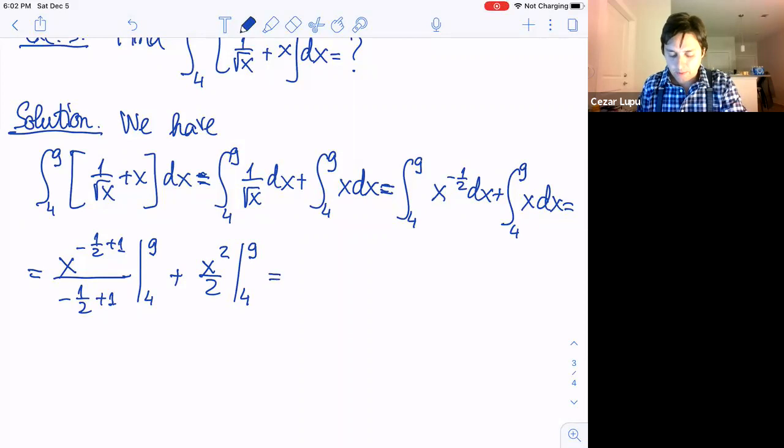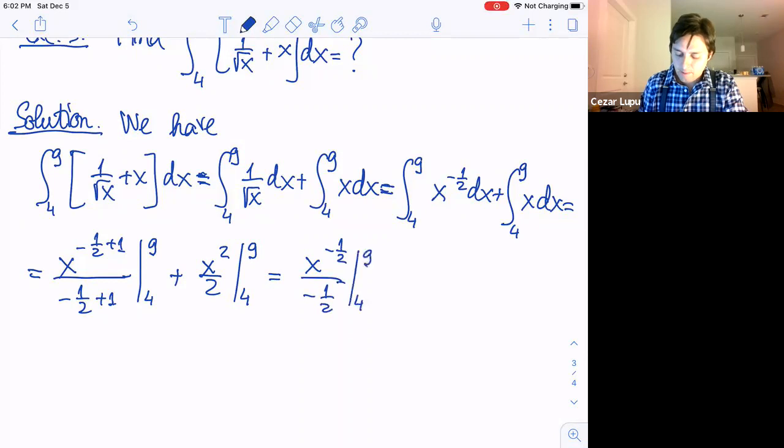And now let's do some computation. So this would be x to the 1/2 over 1/2 from 4 to 9 plus x squared over 2 from 4 to 9.